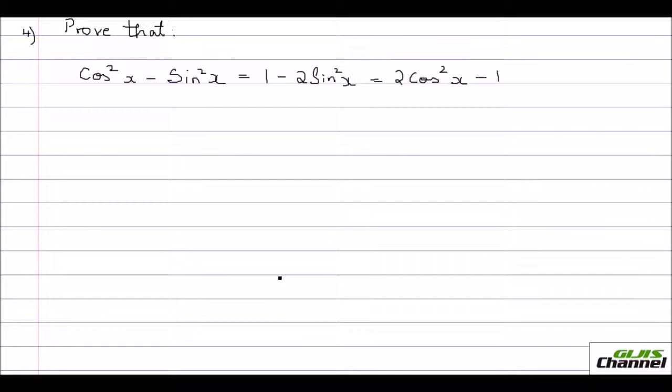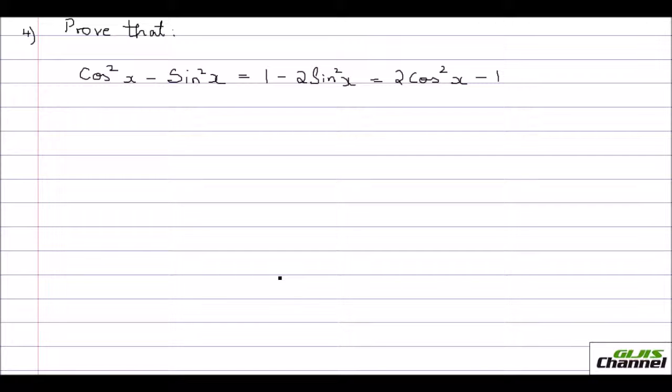So here, prove that cos square x minus sin square x equals 1 minus 2 sin square x equals 2 cos square x minus 1. So here you need to prove two things, right?